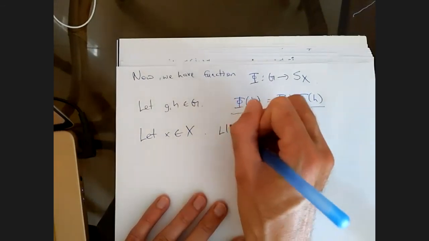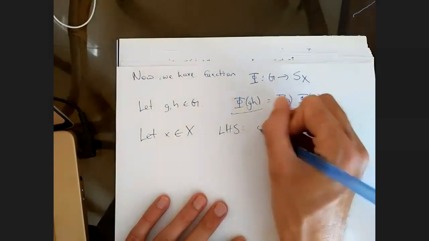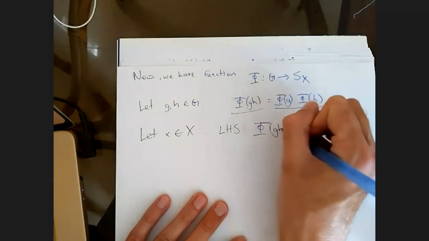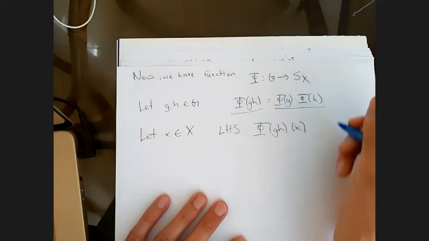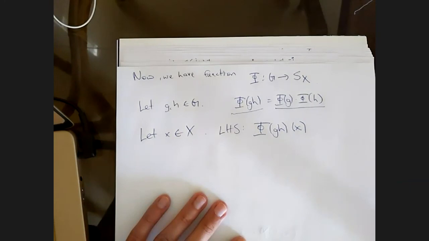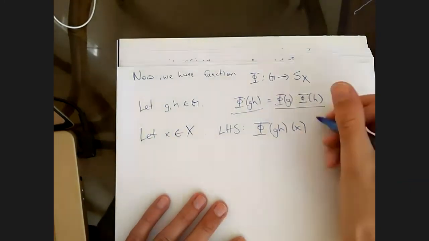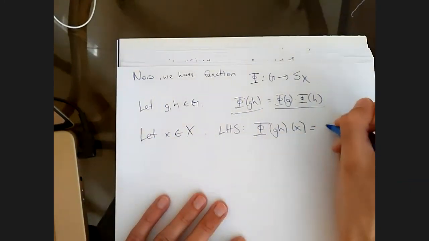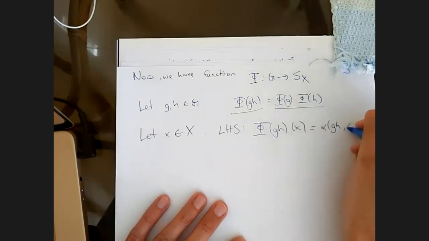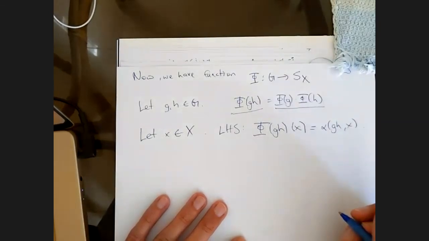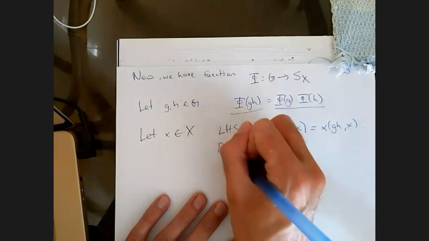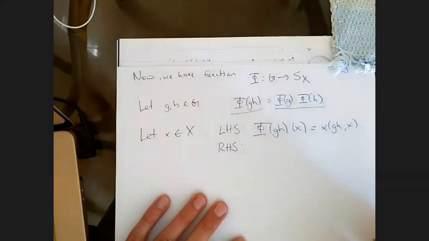So the left-hand side first, phi gh of x. The definition of phi gh just says that this is alpha gh of x. What's the right-hand side?